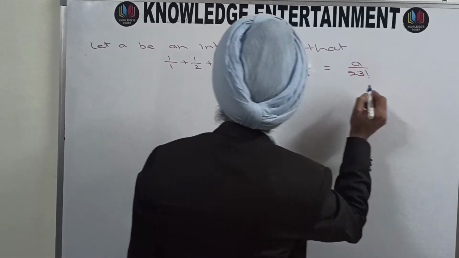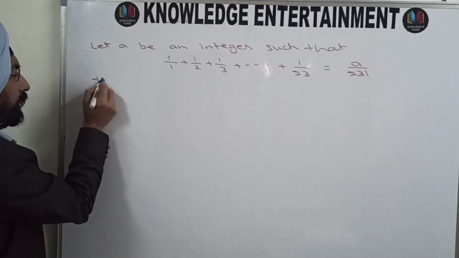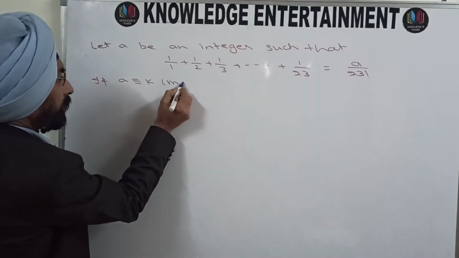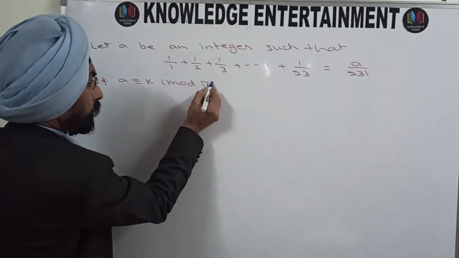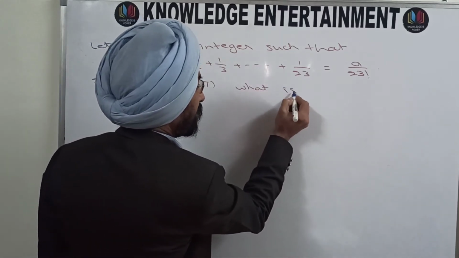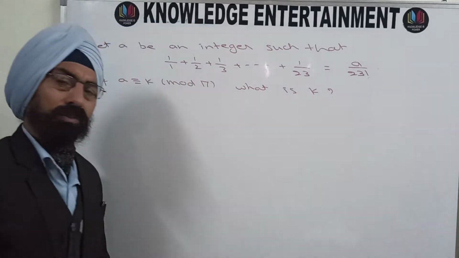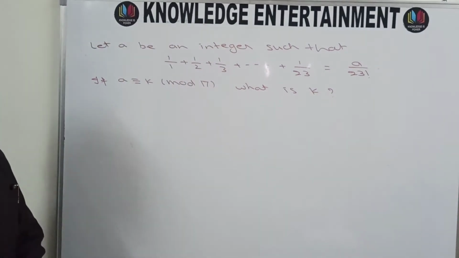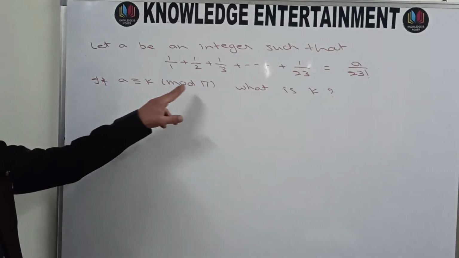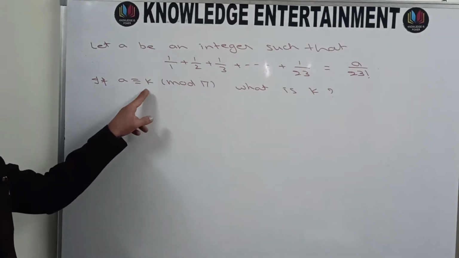If a is congruent to k modulo 17, what is k? What is the value of k? That means actually what we want to find, if a is divided by 17, what will be the remainder?